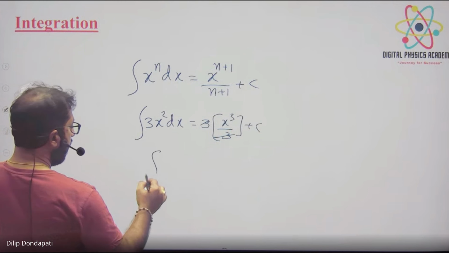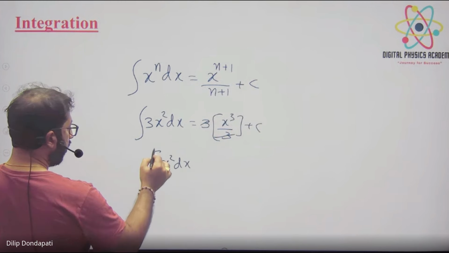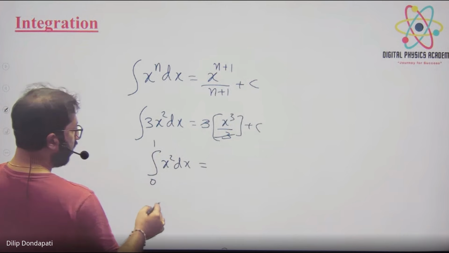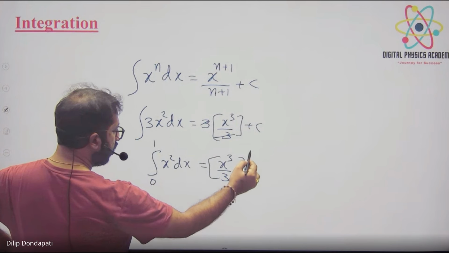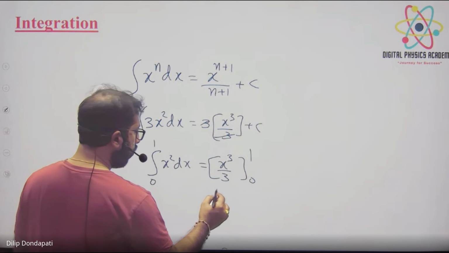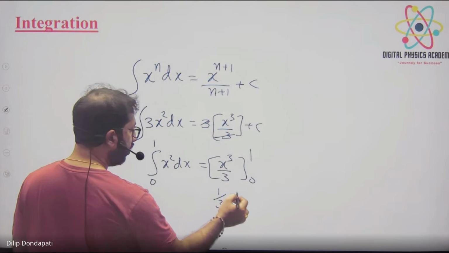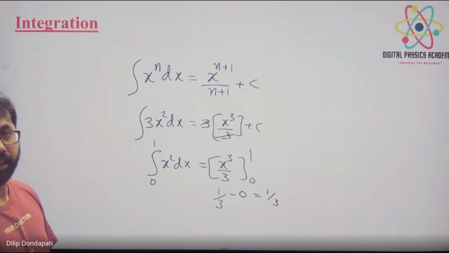Suppose integral x square dx from 0 to 1, limits are given, what will come? First you have to integrate normally, x cube by 3, and then substitute the limits, right? 0 to 1, upper limit minus lower limit. Put 1 in place of x, we get 1 by 3, minus putting 0 gives 0. So we will get 1 by 3. So do upper limit minus lower limit to get this.